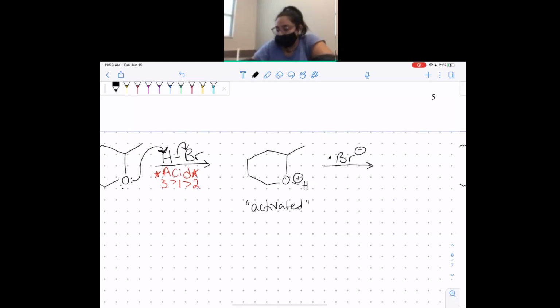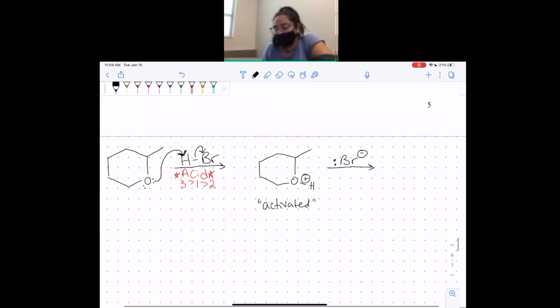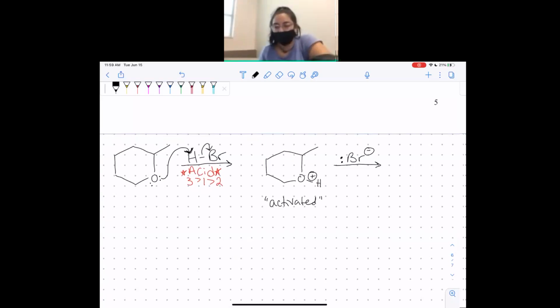I'll draw that out and then I'll explain that one more time because someone asked me to repeat it. Basically the first step of every epoxide or ether cleavage is going to start with an activation step. We know in the name cleavage, we want to break this somewhere. We can break it when it's neutral, but if we give it a positive charge, now the oxygen wants to break one of these bonds.